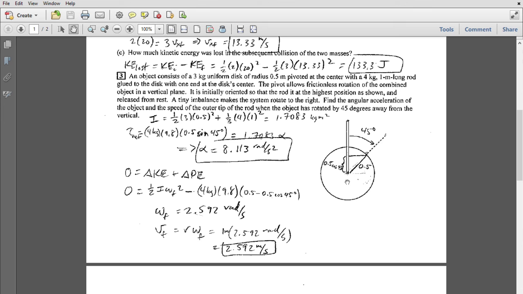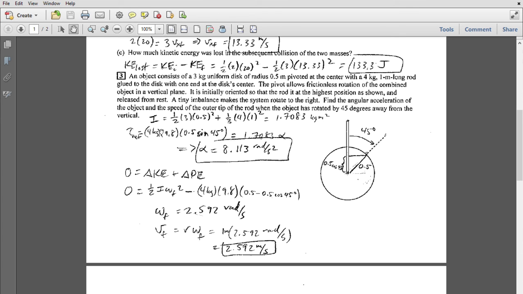And we can use torque net equals I alpha. The net torque: there's a gravitational torque on the disk itself, which is 0, because gravity is not trying to rotate the disk in one direction or the other. But when the rod is over here, gravity is trying to rotate the rod down in that direction. So the net torque is just the torque being applied to the rod only.